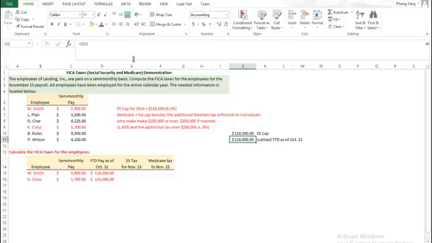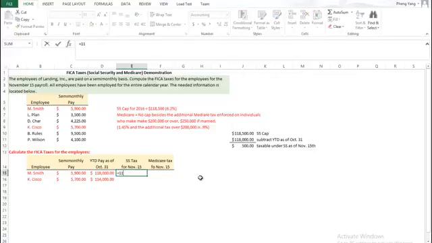If I do that calculation, it would tell me how much is left to be taxed for Smith. And that answer is $500. November 15th.